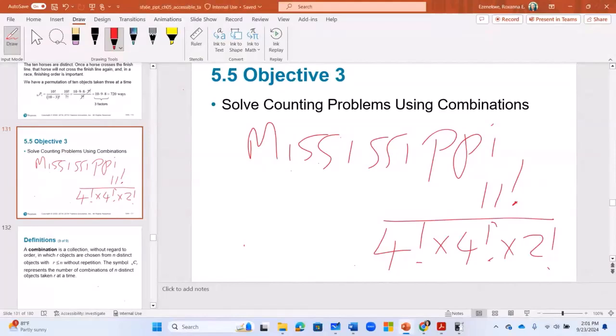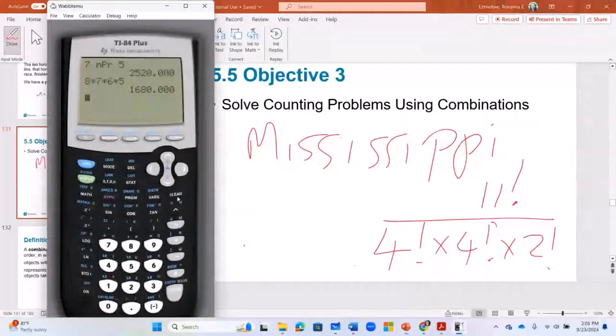So I am going to get my calculator and evaluate that. In how many ways can the word Mississippi be written where order is important? This is a permutation question. So 11 factorial: you go to math, you go to PRB, factorial, number 4.